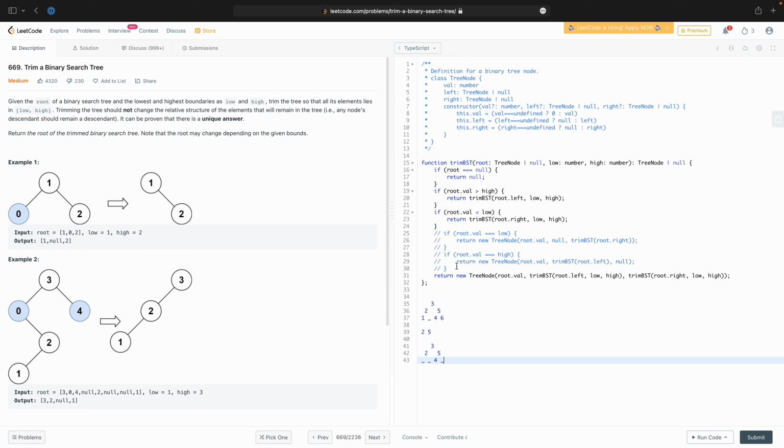I think having this check in here is going to save us doing a whole lot of searching, because this 5 is the upper bound. We don't actually need to check if there's something in between the 5 and the 6. We don't need to check if there's a 5.00001 or something like that, because we're already at the upper bound. So this check will probably just keep things faster.